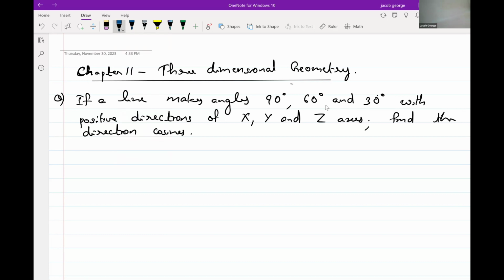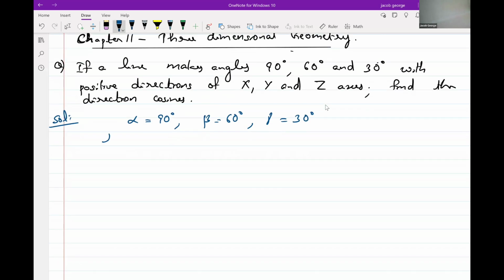Here we take the three angles as alpha, beta, and gamma, because the direction angles with the x, y, and z axes are alpha, beta, and gamma. Alpha is equal to 90 degrees, beta is equal to 60 degrees, and gamma is equal to 30 degrees. Now L is equal to cos alpha, that is cos 90 degrees, which is 0.